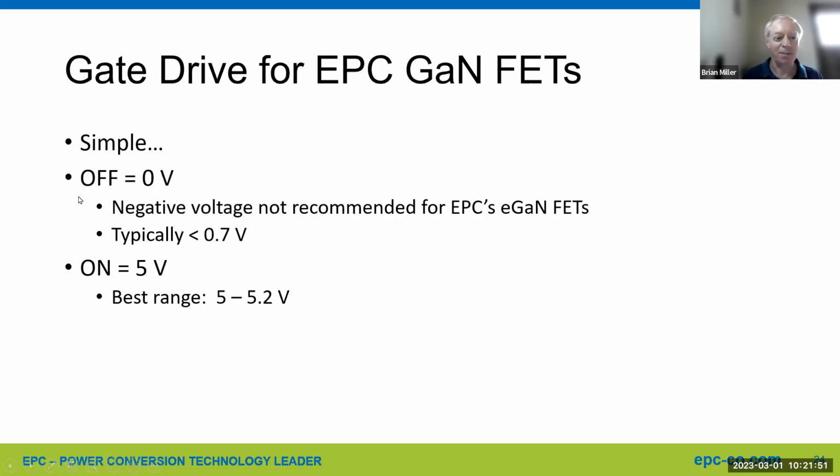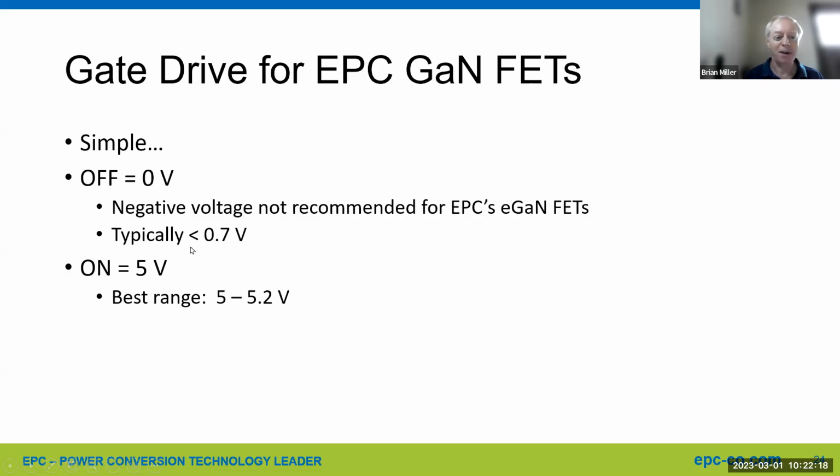It's nice and simple. Off is 0 volts. And you might ask, well, how about negative voltage? Would that help turn it off or keep it off? And no, it's not recommended for EPC's GaN FETs. It turns out a negative voltage would be a waste of effort, kind of a waste of money, and it could actually decrease the efficiency. So just simply off voltage of 0 volts is the best.